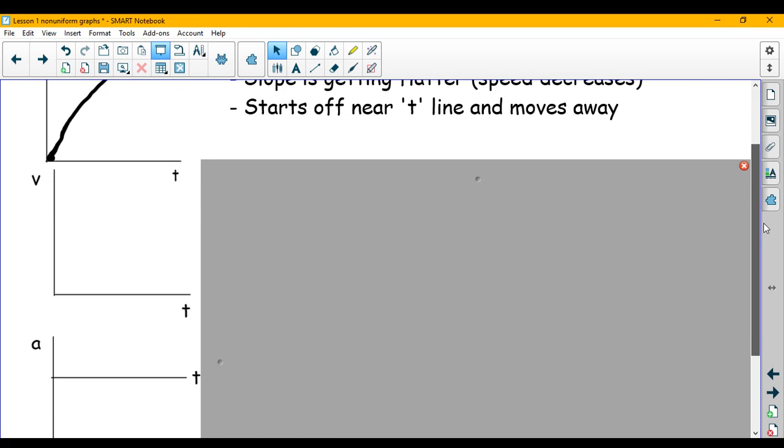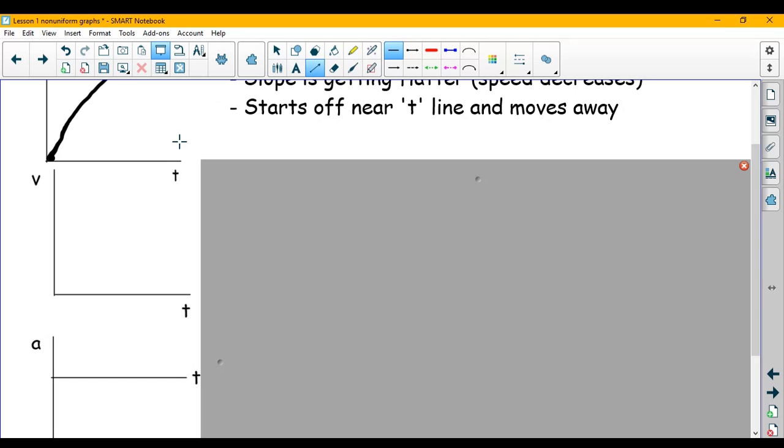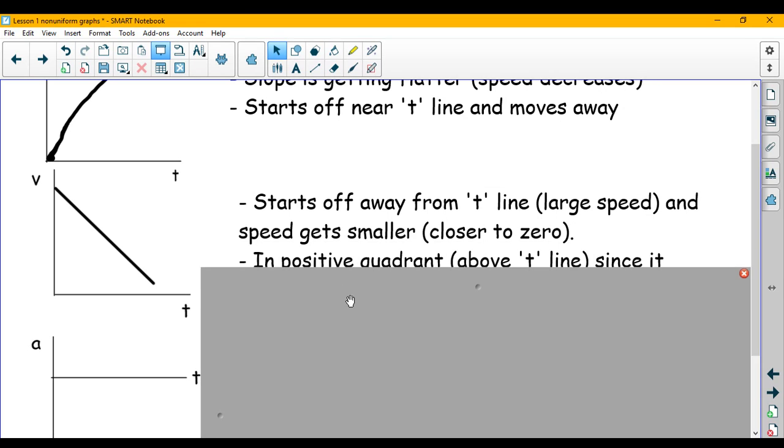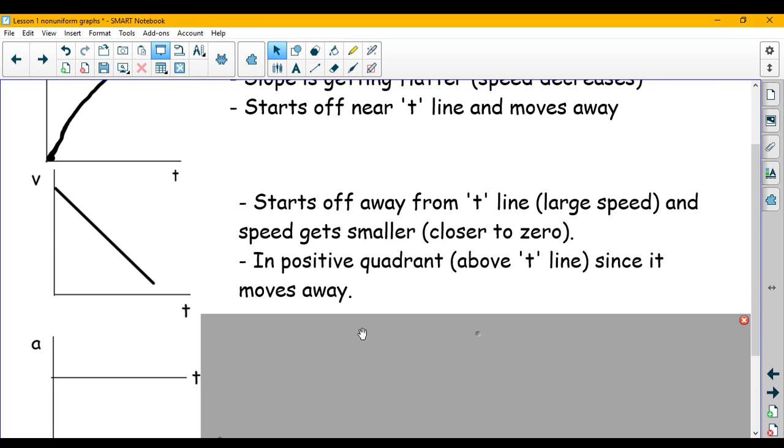So that means in order for it to be slower, I need to start off, instead of down here with a low velocity, I'm going to start off up here with a high velocity, a big number, and it's going to get closer and closer to 0 because it's slowing down. So my velocity is getting smaller as it goes away. So it starts off away from the T-line up here at a high velocity, at a large speed, and gets closer to a 0 velocity.